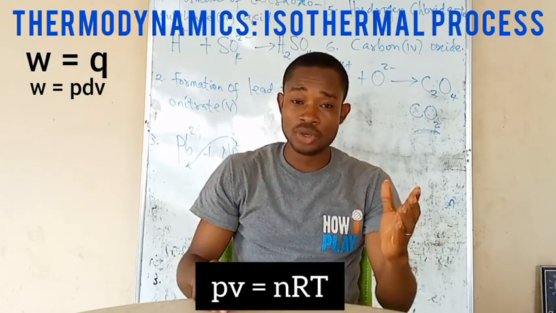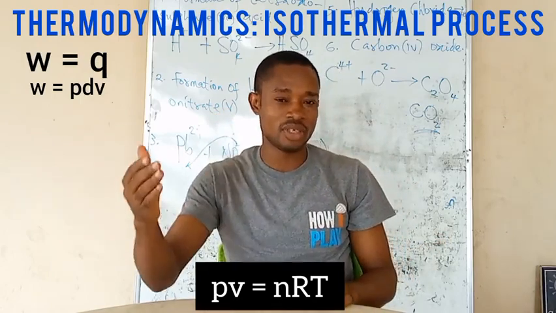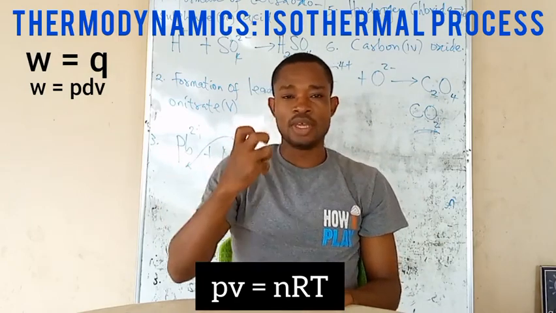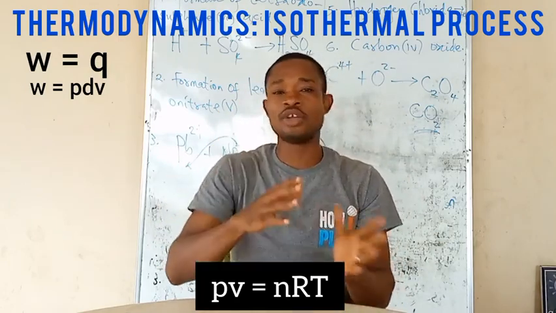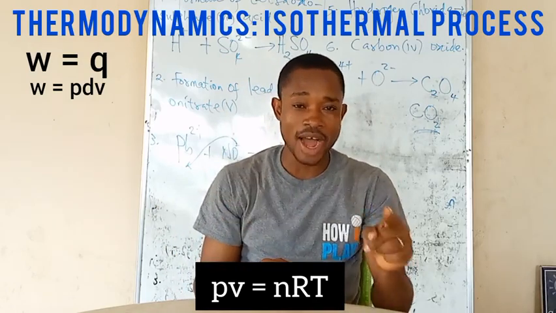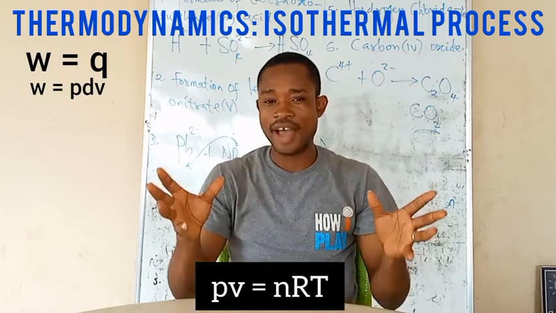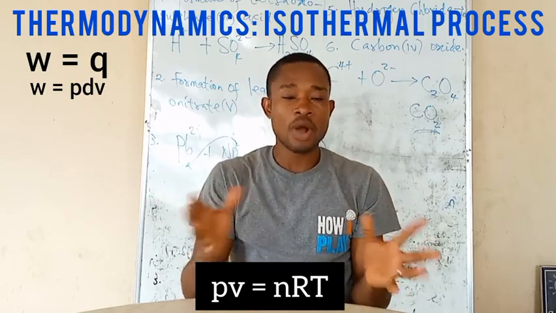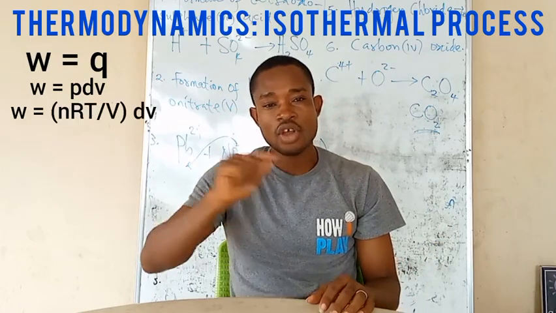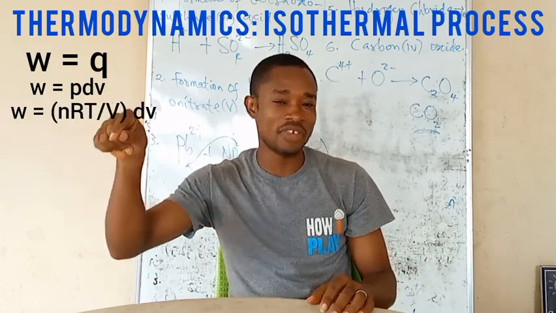And so this is what I'm going to do. We know that W is equal to P dV. That P, I am going to remove and then substitute the value in terms of volume, which is nRT over V. So the work formula will now become W equal to nRT over V dV.